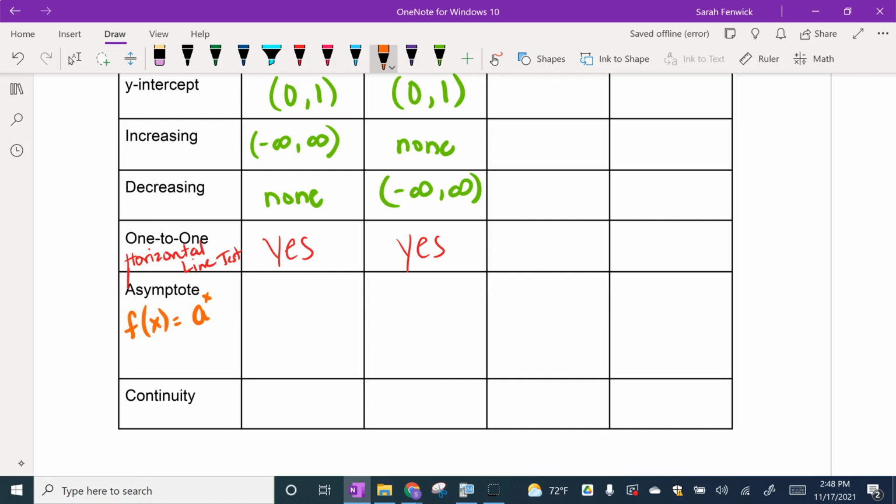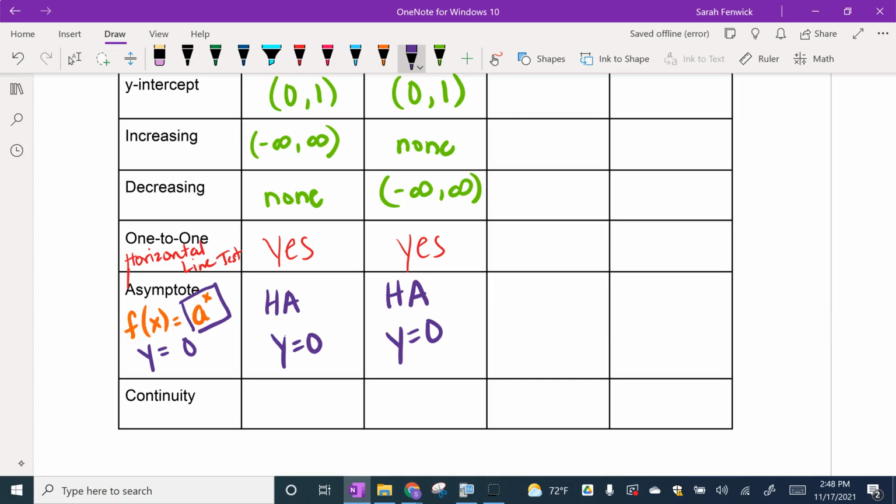You could have a transformation added or subtracted, but whatever happens, to find a horizontal asymptote for exponential functions, you would set y equals, and you replace the a to the x with a 0. So HA, y equals 0. When we do our transformations in a later video, we'll talk about when that changes.